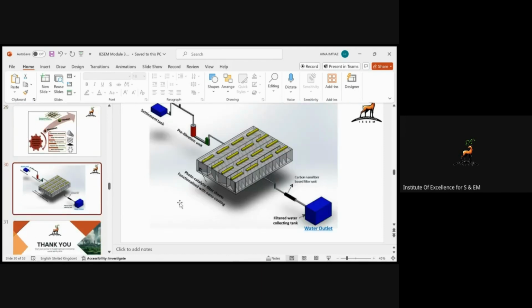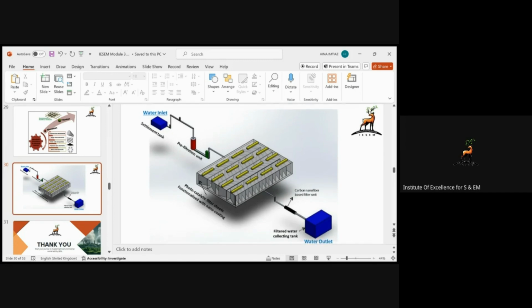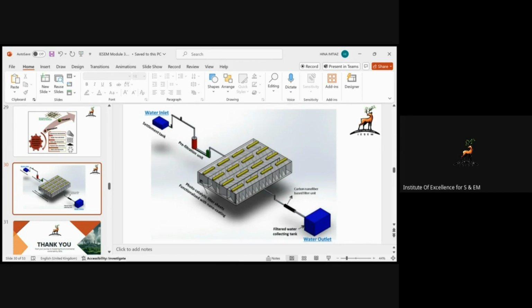So what is the basic principle in it? Like in this picture you can see that here is the water inlet in the form of the blue box. This is the settlement tank in which the process of settling occurs. After the settling there is a pre-filtration unit, so you filter that water before introduction of the wastewater into the photocatalytic nanosheets.